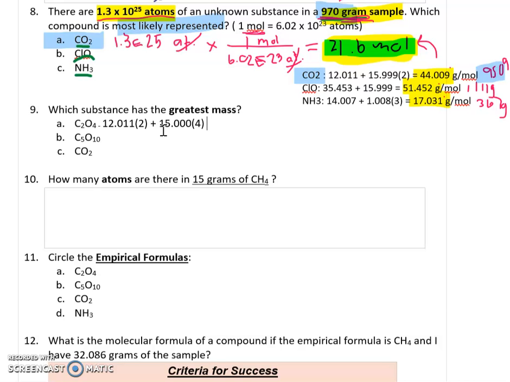15.999 times 4. When you add those numbers together, it is equal to 88.018.